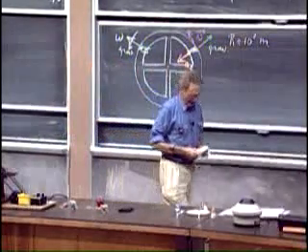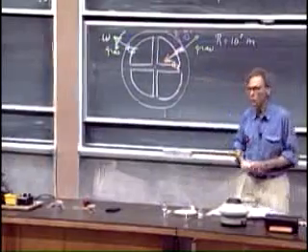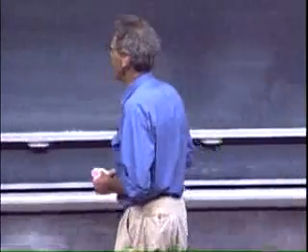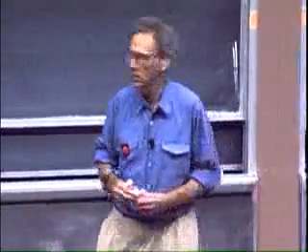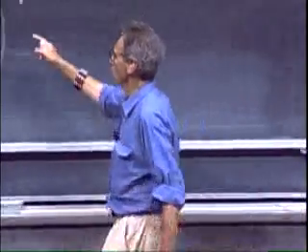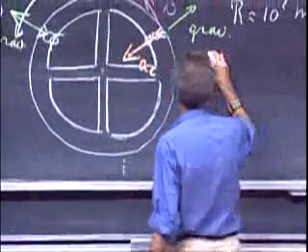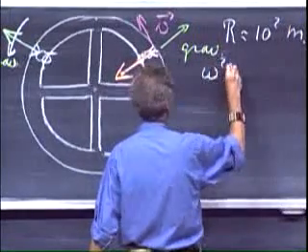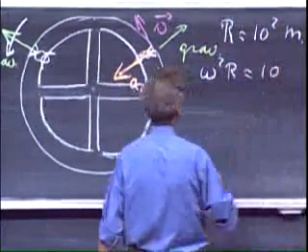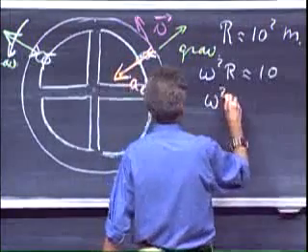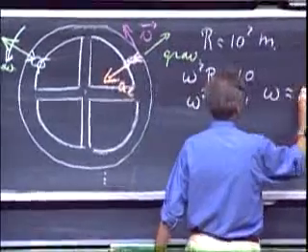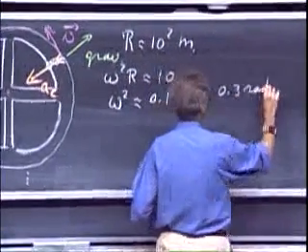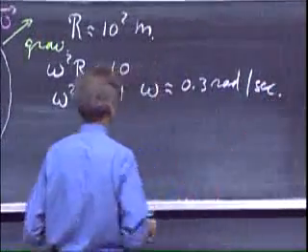So we could now calculate how fast we have to rotate this spaceship to mimic the gravitational acceleration on Earth, which is 9.8 meters per second squared. Let's call that 10, just to round it off a little. So we want the people who walk around in this corridor to have an acceleration omega squared r, which is about 10. So omega squared is about 0.1. So omega is about 0.3 radians per second.